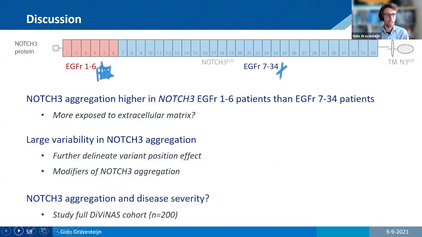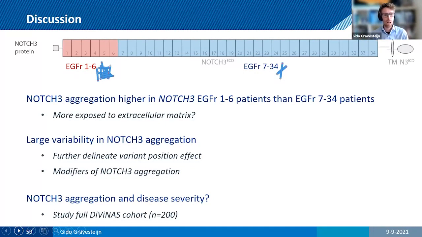So in summary, we show that NOTCH3 aggregation is indeed higher in EGFR 1 to 6 patients than in patients with a mutation in EGFR 7 to 34. And currently, we can only speculate as to why this is. But one logical explanation might be that these mutations are simply more exposed to the extracellular matrix and are more likely to recruit extracellular proteins such as HTRA1, as Professor Dichgans said this morning.